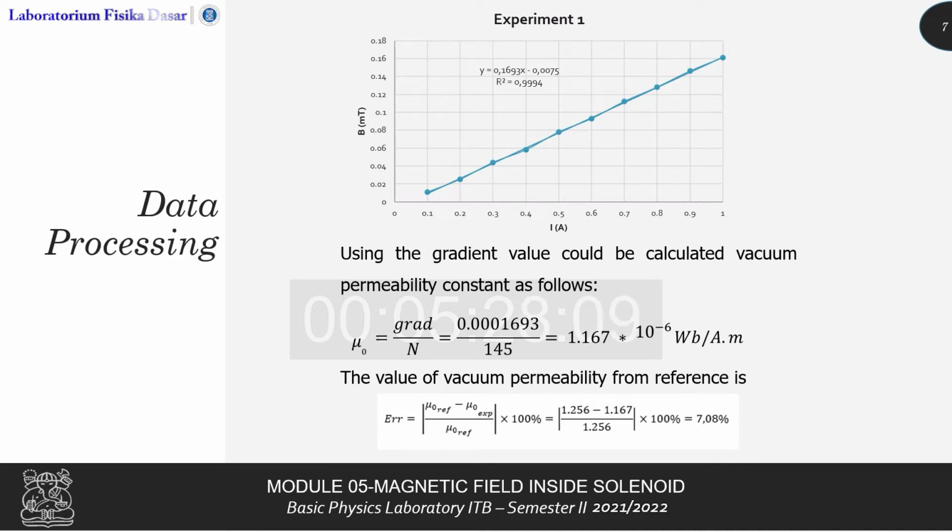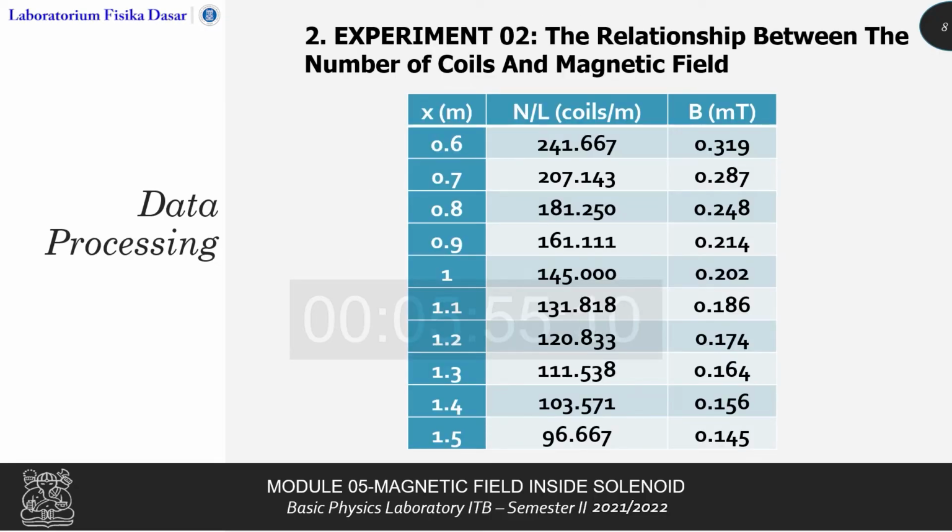In this case, we use gradient over number of coils because the number of coils stays the same throughout the experiment, in this case 145. The value of the permeability constant can be compared to the value from the reference, in which we get an error percentage of 7.08%.